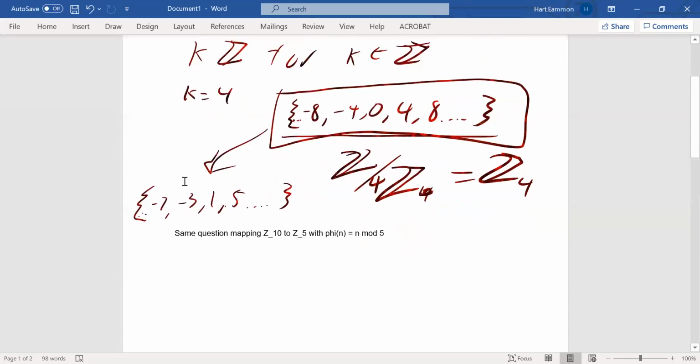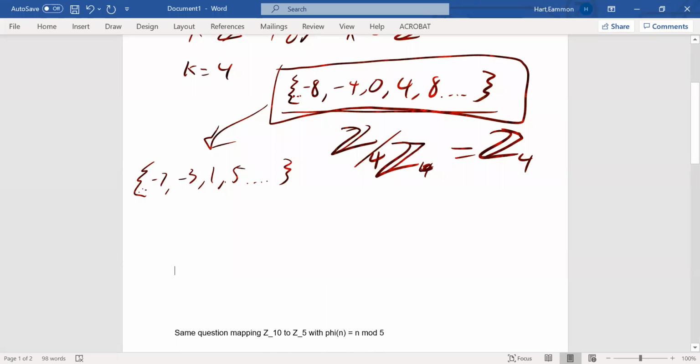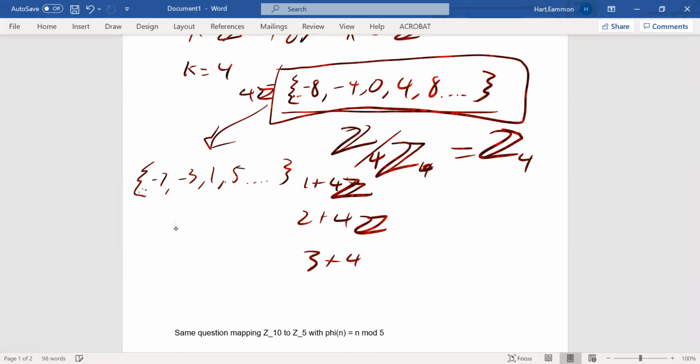Exactly. So we have 1 plus 4Z, 2 plus 4Z, and 3 plus 4Z.